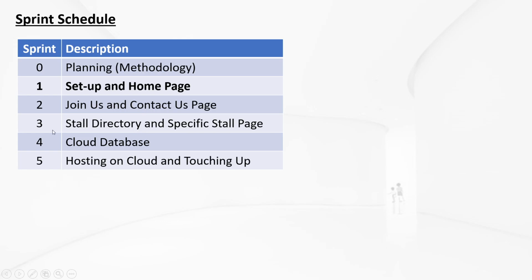At the end of Sprint 3, which is the most challenging one, besides having this store directory and clicking into it will direct us to its individual specific store page, I will, at the start of Sprint 4, connect this front end to the back end. And eventually, in Sprint 5, when everything is done, I will host it on cloud and it will go live. Before that, I will do some touching up.